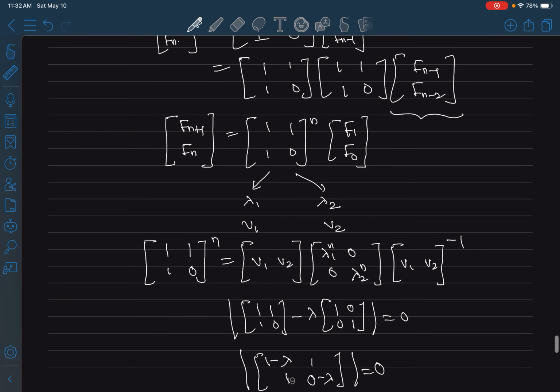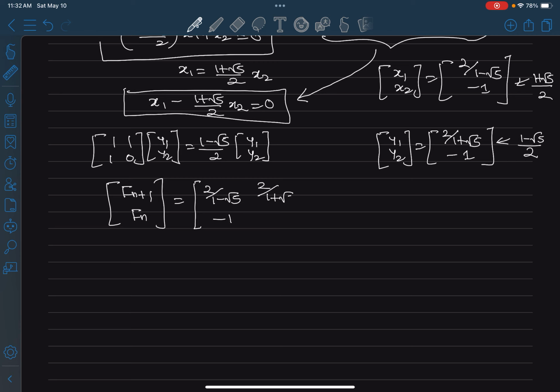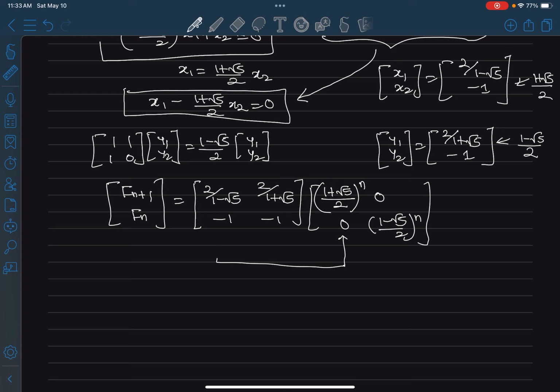So now we can write our general solution, right? So now we will have f(n+1), f(n) as the product of first of all the eigenvectors, which is 2 by (1 minus root 5), negative 1, 2 by (1 plus root 5), negative 1, times this will be (1 plus root 5 by 2) to the power n, 0, 0, (1 minus root 5 by 2) to the power n, and notice that the first column corresponds to the first column, right?